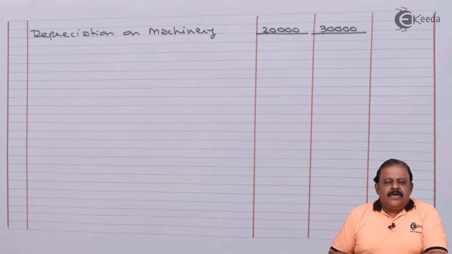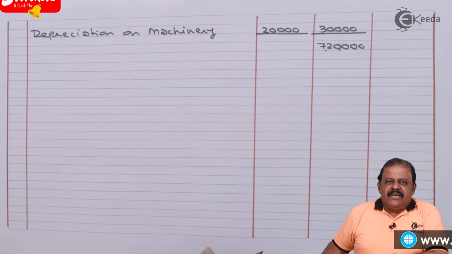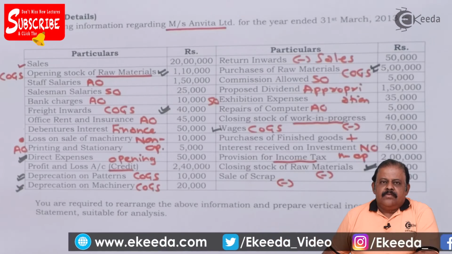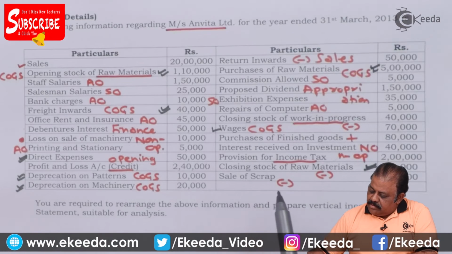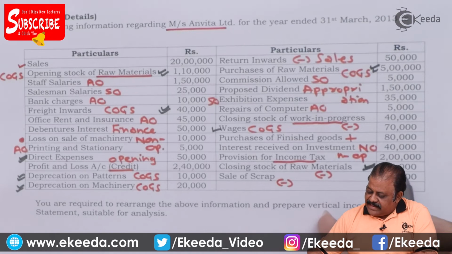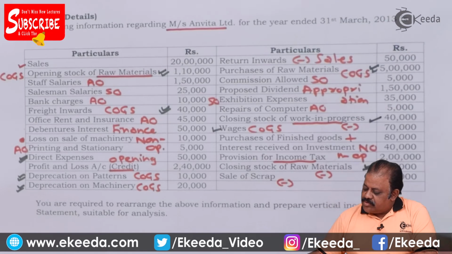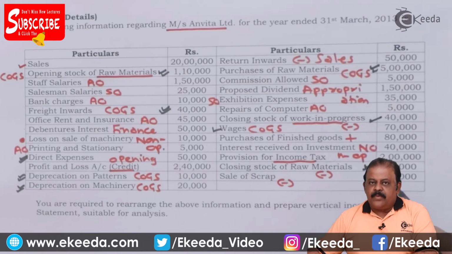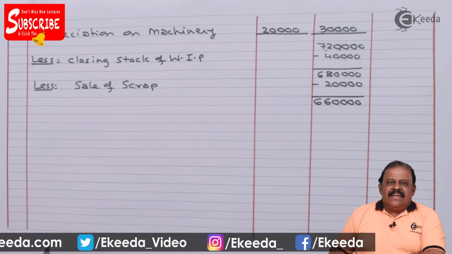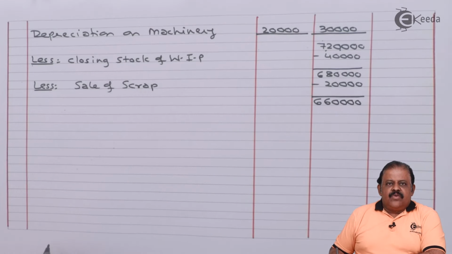Now we'll add raw material cost, wages, direct expenses and factory expenses. It is 7,20,000. Now here we are required to deduct closing stock of work in progress 40,000 and sale of scrap 20,000. It is 6,60,000. To this we'll be adding opening stock of finished goods.